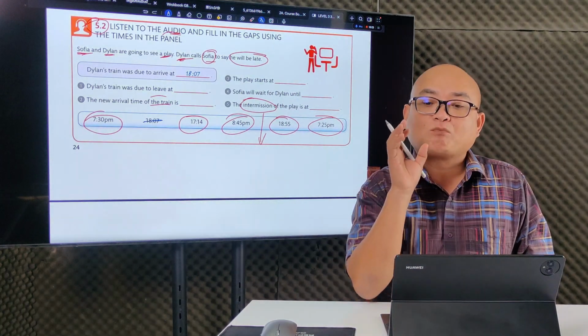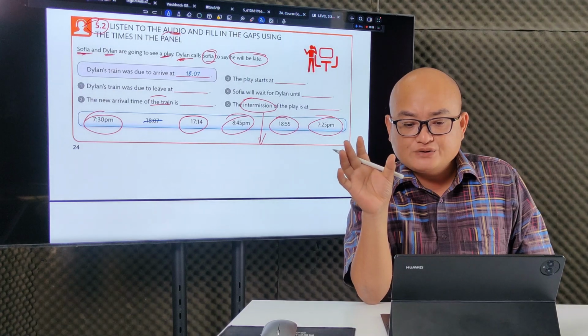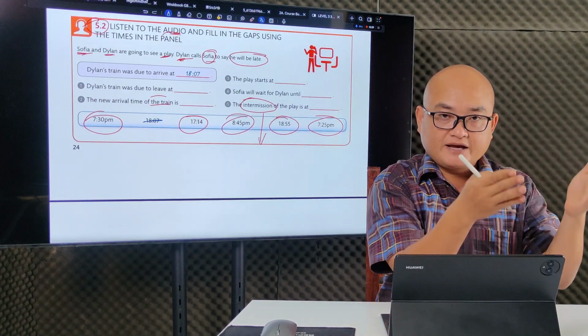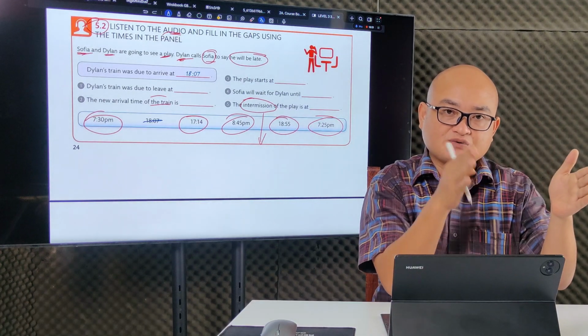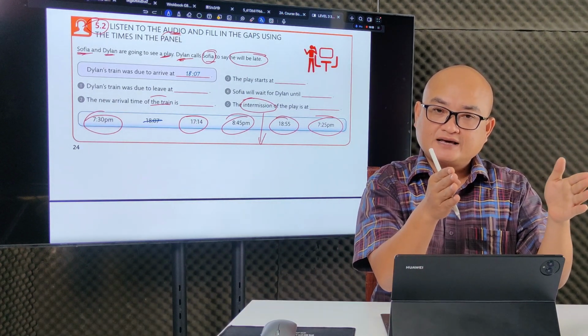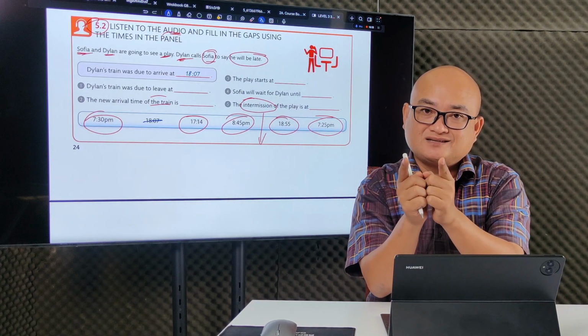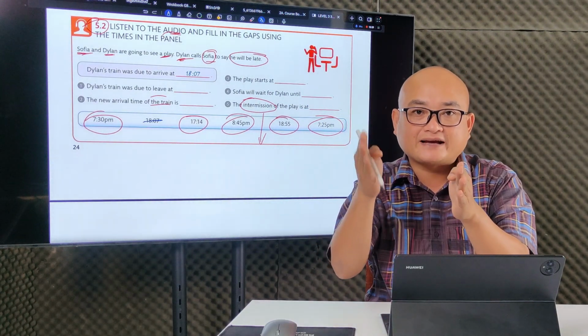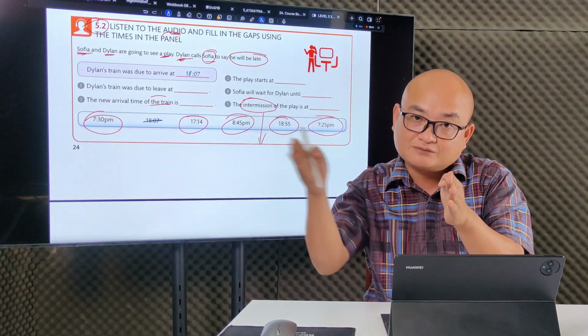Normally if you see a play, they have a time to play it, let's say 7 to 8 o'clock or 8:30, and then they have the intermission, the break time, before they play the next one.